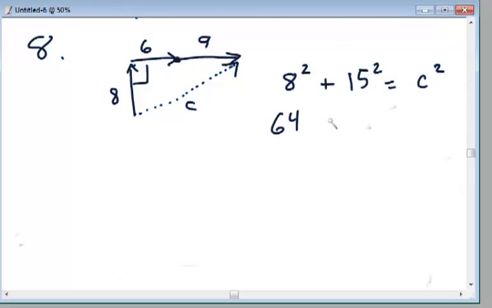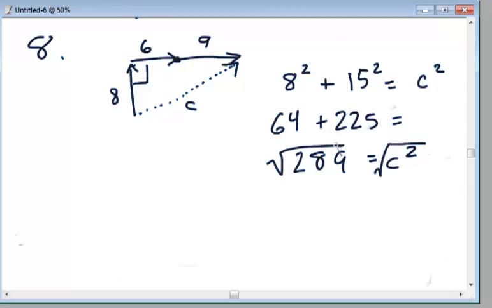So 64 is 8 squared, 15 squared is 225. Add those two guys together and we get, what is that, 289 is equal to c squared. Square root both sides. And we get 17 is equal to c. So this is 17.